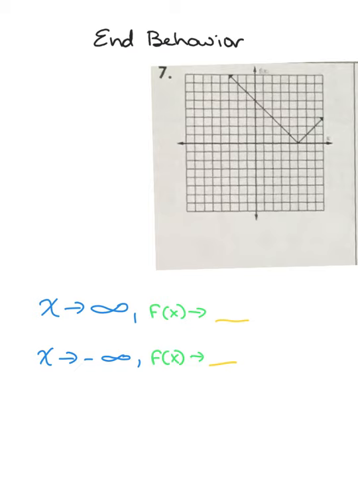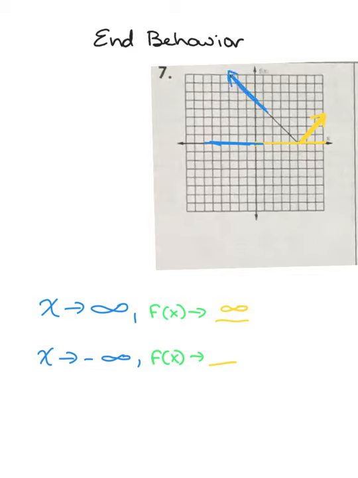So as x approaches infinity, positive infinity, does my graph go up or does it go down? Well, it goes up. So if it goes up, then that means it's approaching positive infinity. As x approaches negative infinity, does my graph go up or does it go down?